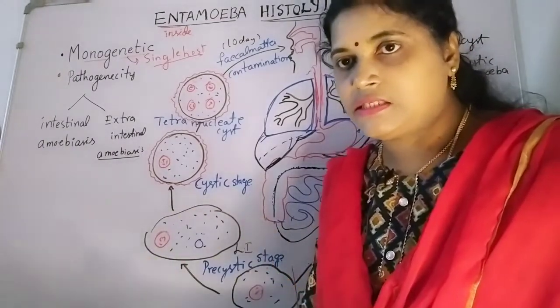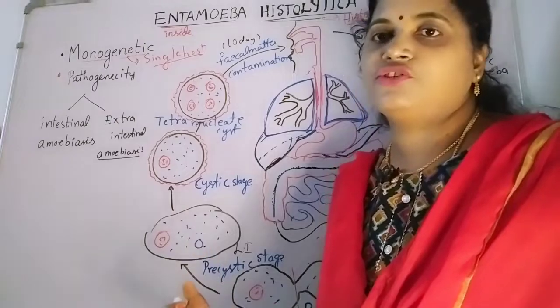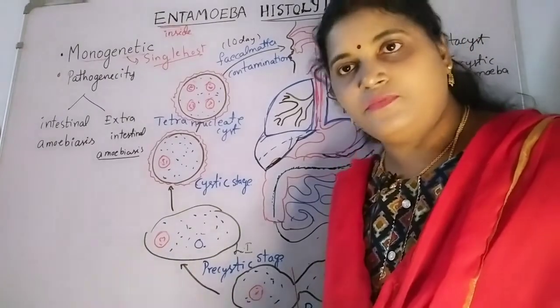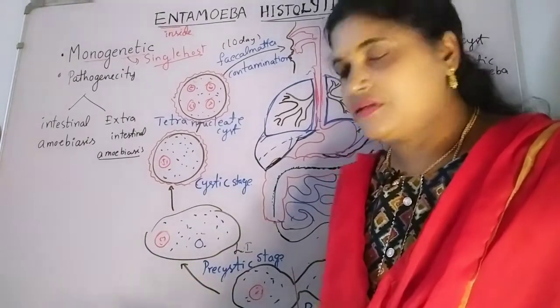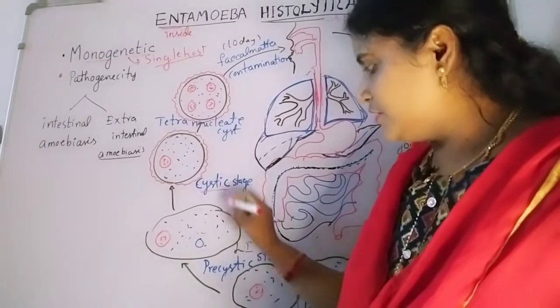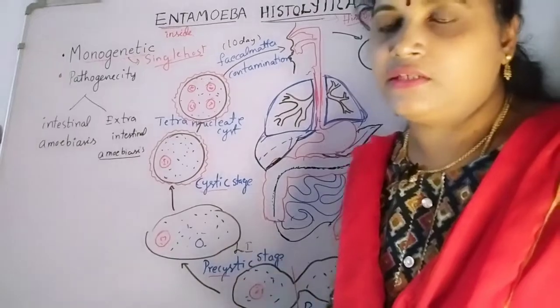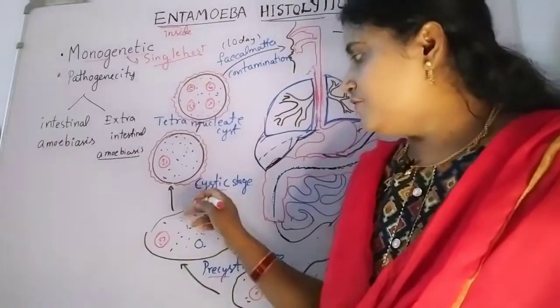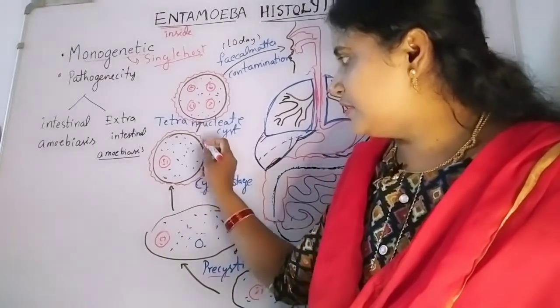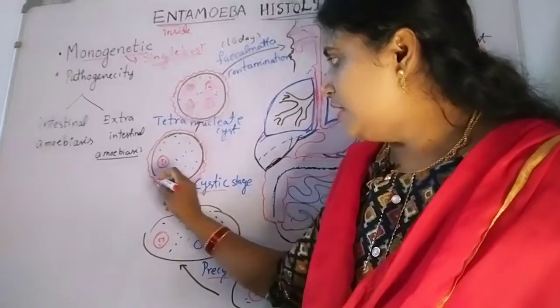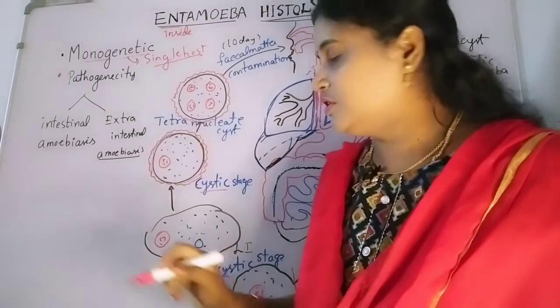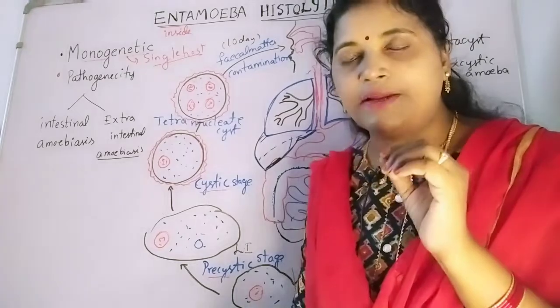Pre-cystic stage is nothing but the stage before the cystic stage. Pre means previous. There is no cystic wall around it, but in the cystic stage there is a cystic wall. Here you can observe the cystic wall present around the Entamoeba.